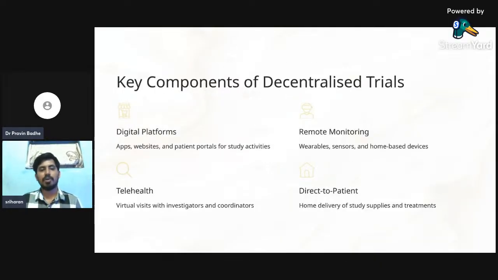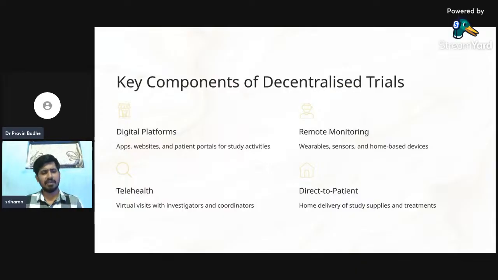What are the key components? The key component is the digital platform: digital biomarkers, apps, websites, and many technology-based tools. It also includes remote monitoring, wearable sensors and digital sensors, such as watches, apps, home-based services, and telehealth.